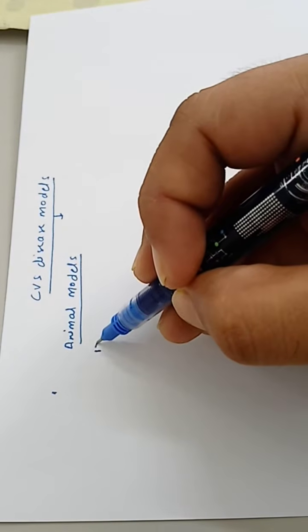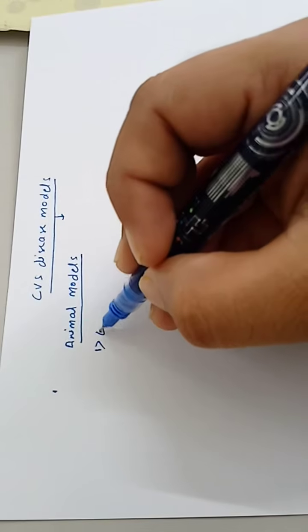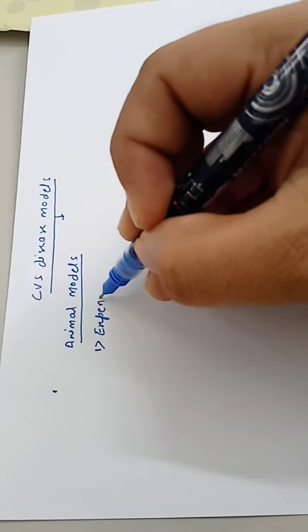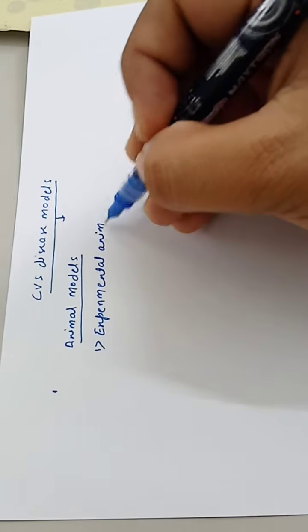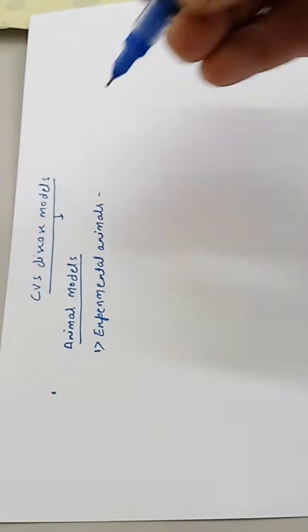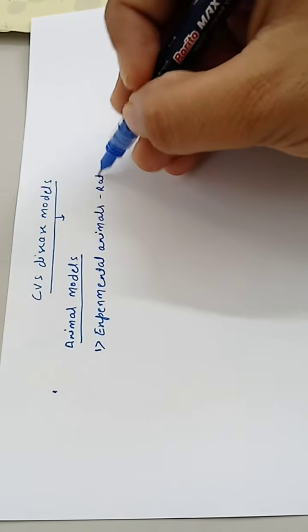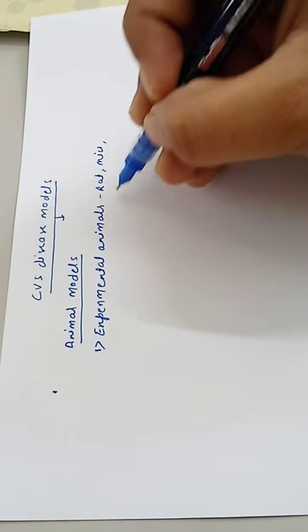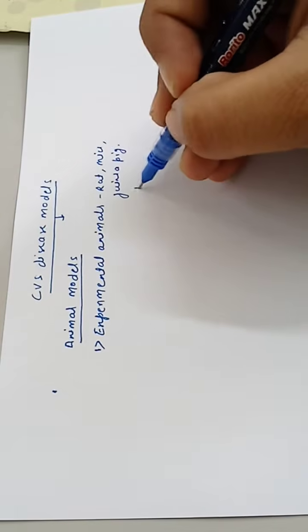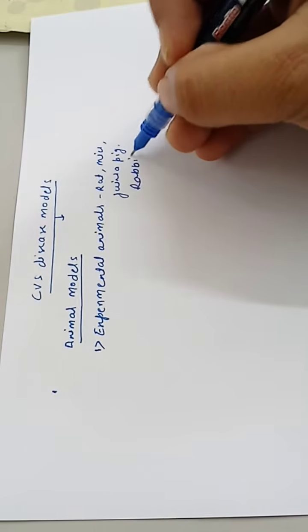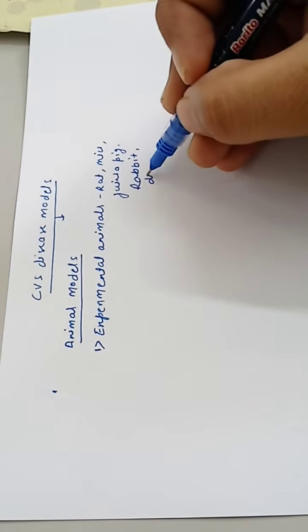First point is, you have to write which animals you are going to use. As you know, experimental animals are of many types. There are rats, mice, guinea pigs, rabbit, dog, chimpanzees.